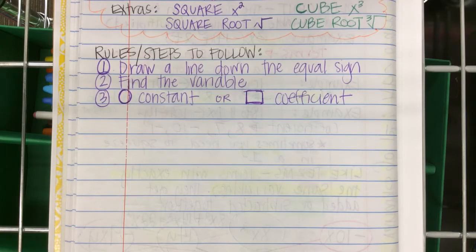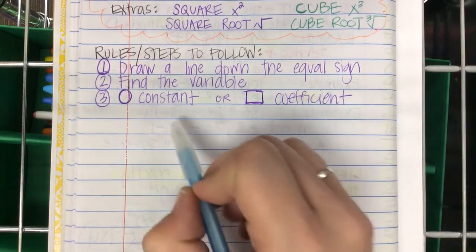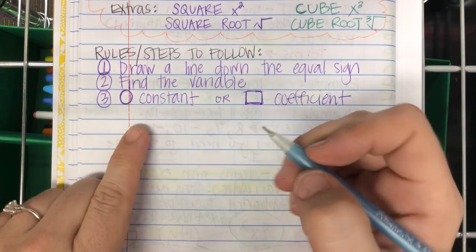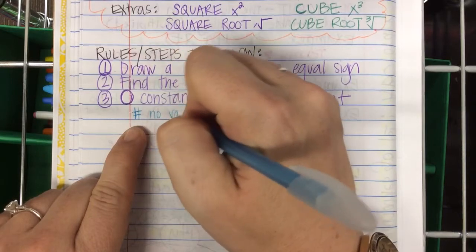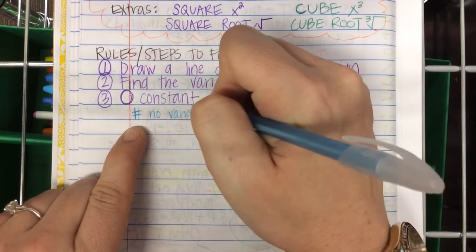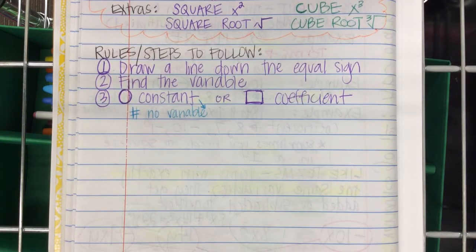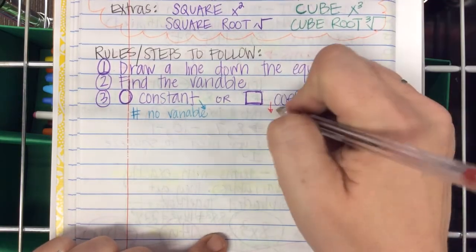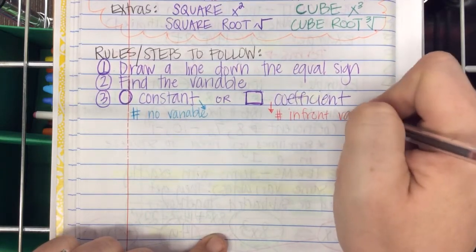We happen to know what is the constant and what is a coefficient. Constant and coefficient, Cody. Perfect. A constant is a number with no variable. A coefficient is the number in front of the variable.